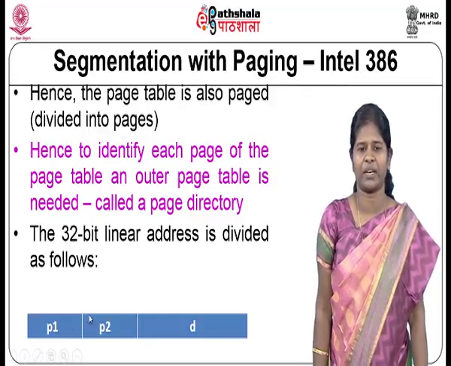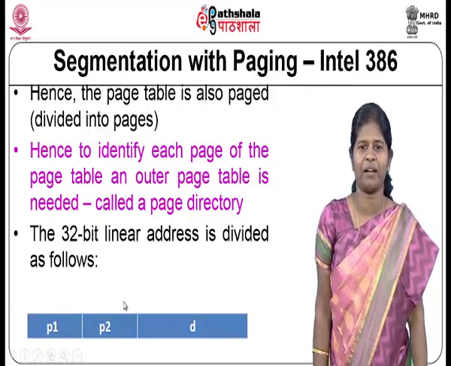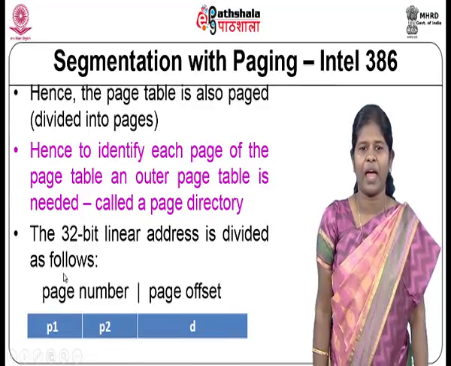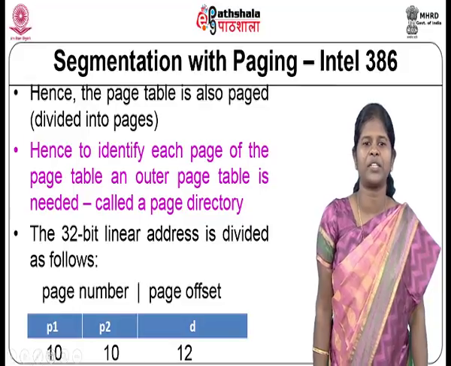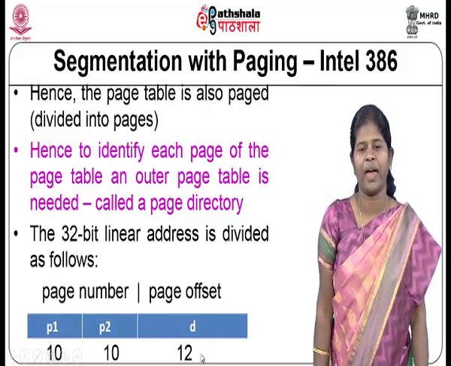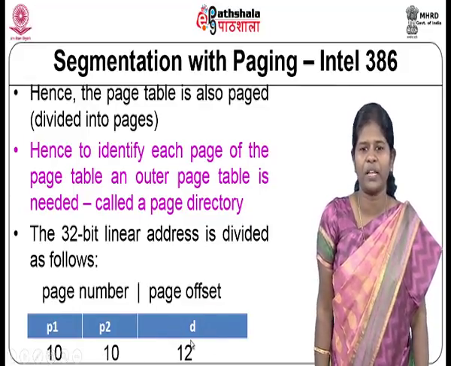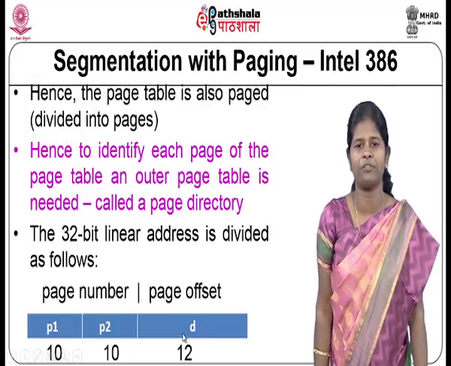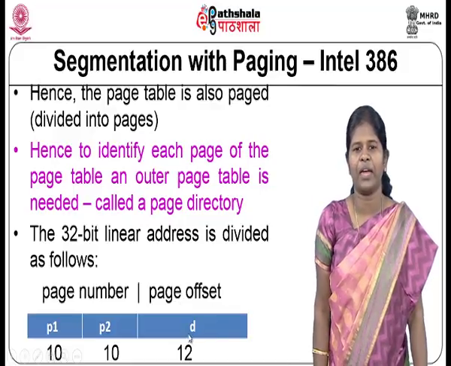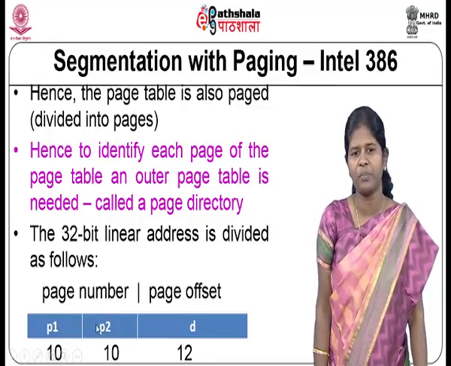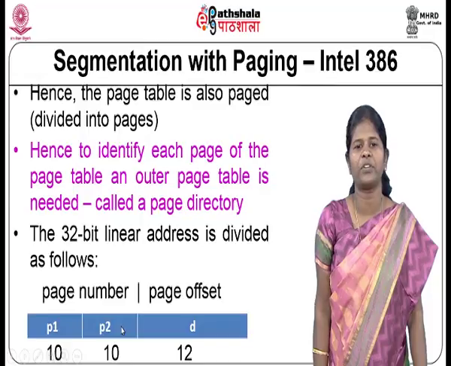Now, to identify each page of the page table, an outer page table is needed, and this is called a page directory. The 32-bit linear address is divided as a page number and an offset. The page number is again split into 10 and 10, and the offset is 12. Why 12? Because the page size is 4 kilobytes, 4 KB is 2 power 12, hence 12 bits for the offset. The remaining 20 go to the page number. Since the page table is also broken into pages, you have 2 entries, 10 and 10.